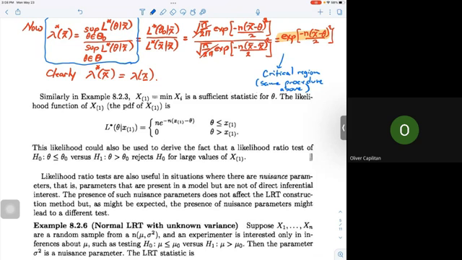Meron tayong formula niyan to determine the PDF of our first order stat. So you try to verify this example using the sufficient statistic for our parameter theta. Okay? Any questions or clarifications?